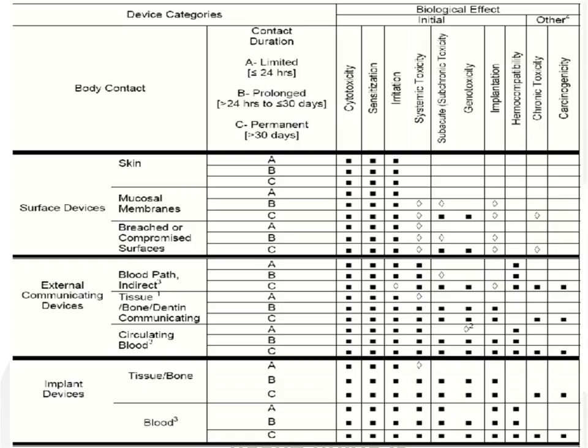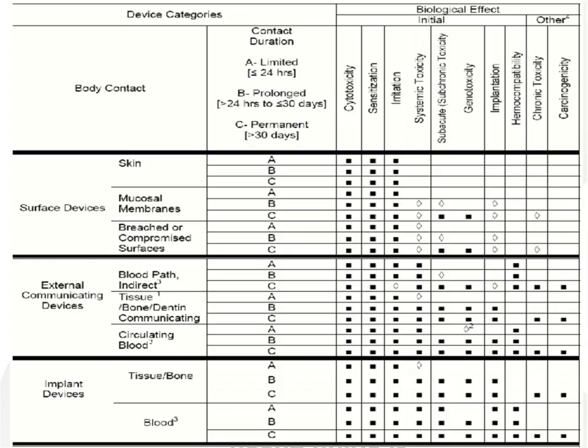What the difference is between blood path indirect and circulating blood and tissue is hemocompatibility. And that hemocompatibility really focuses on impact from circulatory contact. So you look at hemolysis and thrombogenicity, things that are not that concerning when you're in tissue contact, more concerning when you're either direct or indirect.